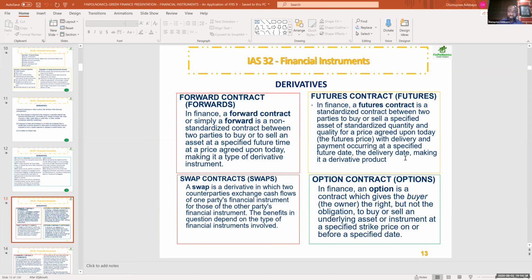A similar mechanism is here. Let's say you have deposited 10 million naira, and your loss over time has eroded that 10 million naira to a level where your maintenance margin, let's say, is 2 million. By the time you get to the maintenance margin of 2 million, you receive what we call a margin call.